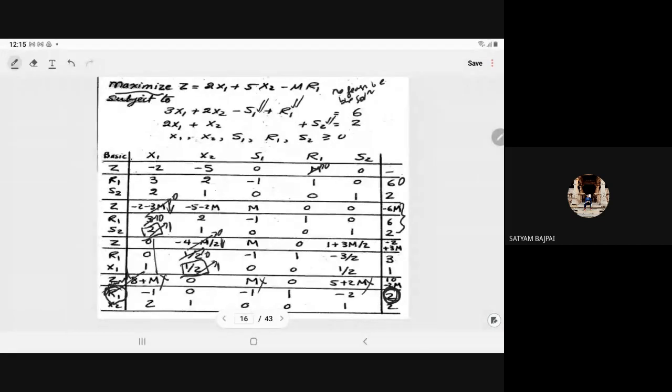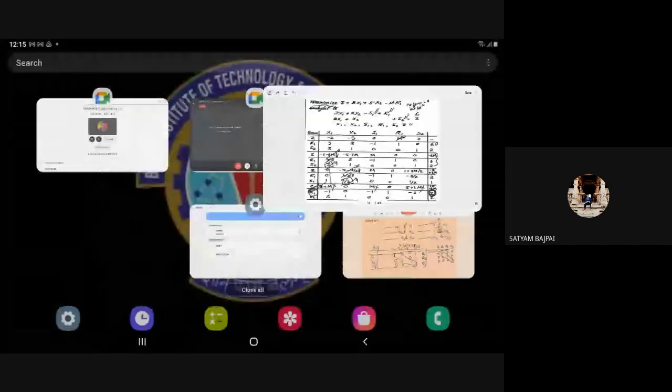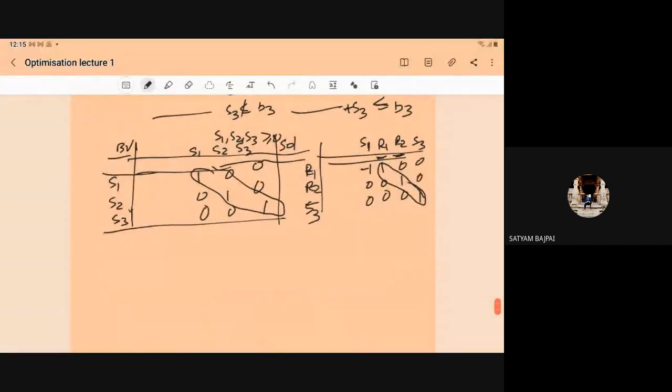As well as the basic variable. For the feasible solution, either R should be a non-basic variable, or R should be at zero level.